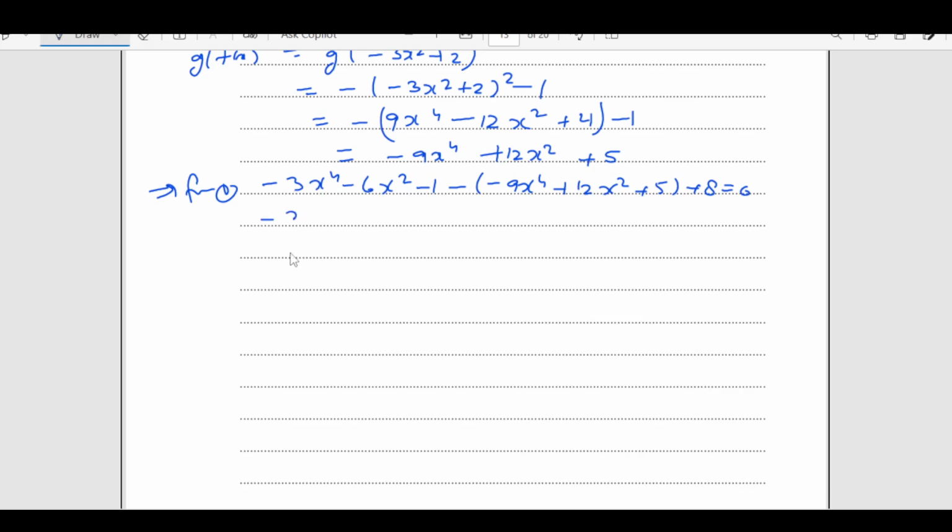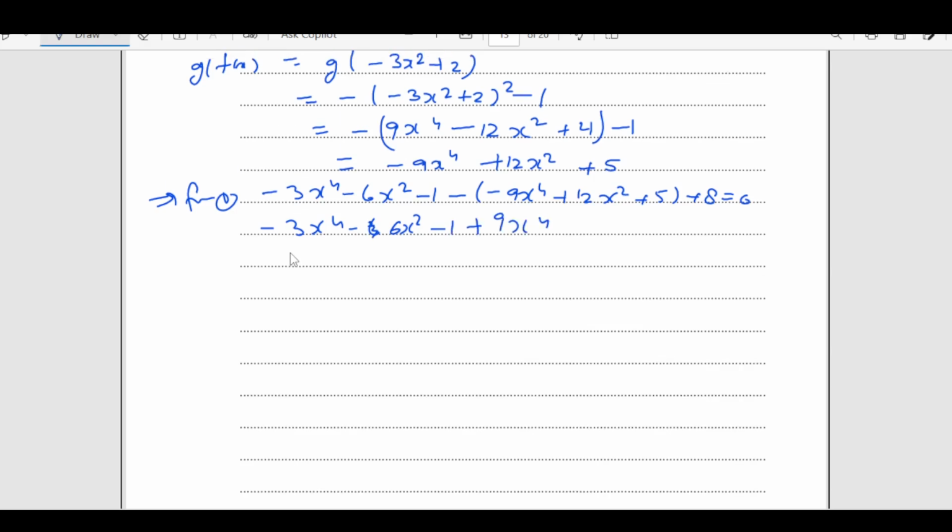Now expand these, negative 3x to the 4 minus 6x squared minus 1, plus 9x to the 4 plus 12x squared plus 5, plus 8 is equal to 0. So rearranging, 6x to the 4 plus 6x squared plus 12 equals 0, divide by 2, this is 3x to the 4 minus 9x squared plus 6 equals 0.